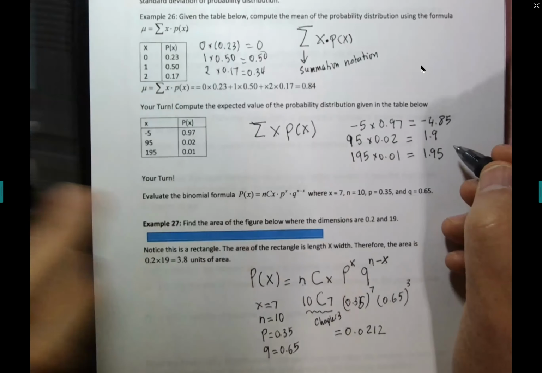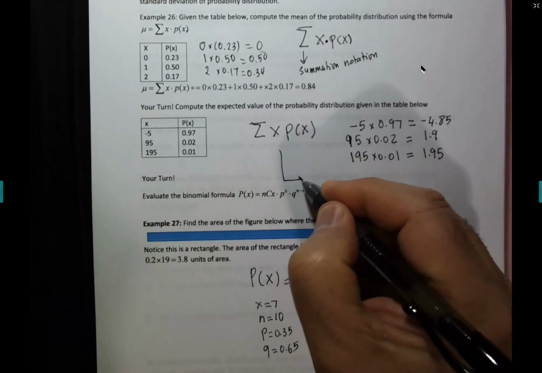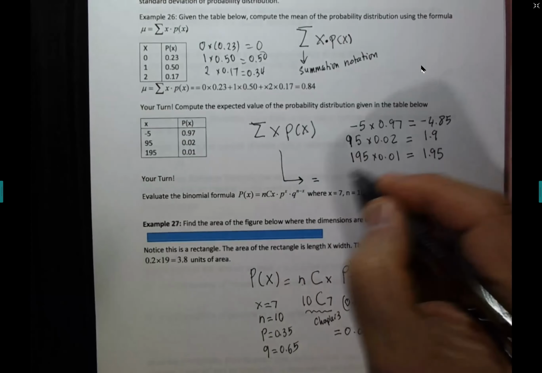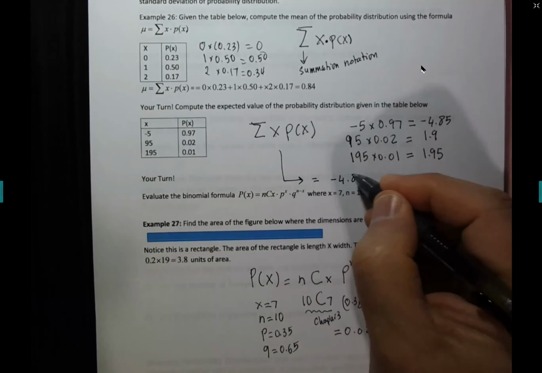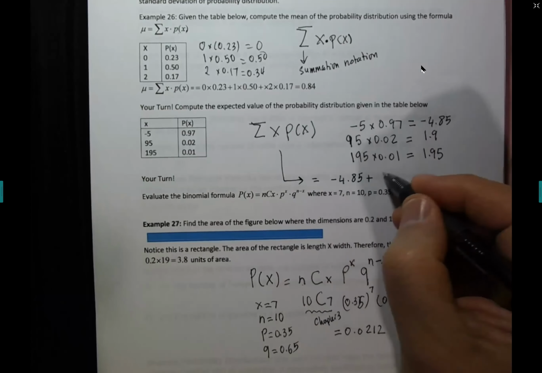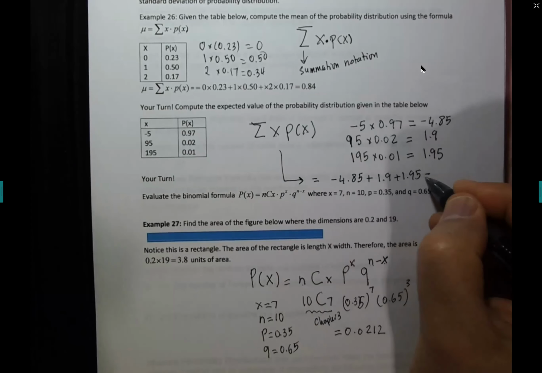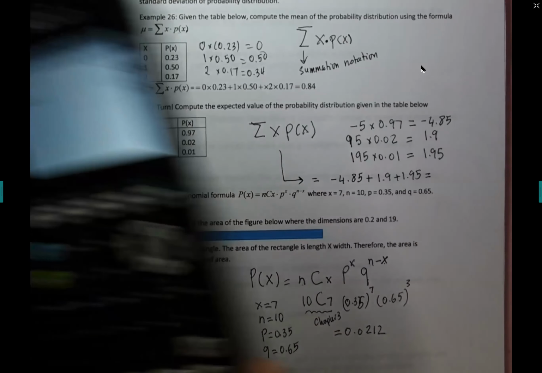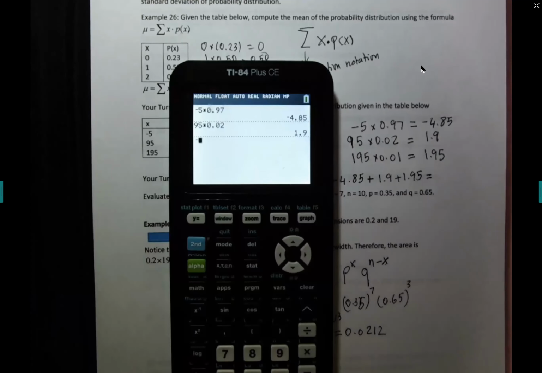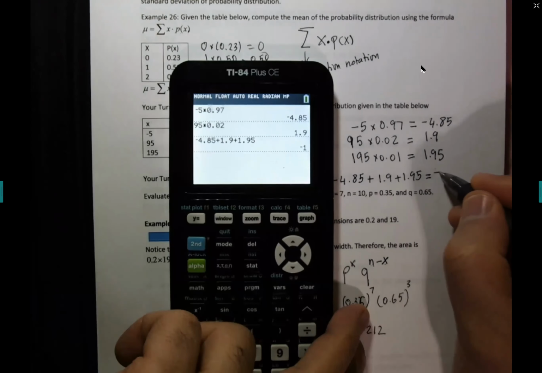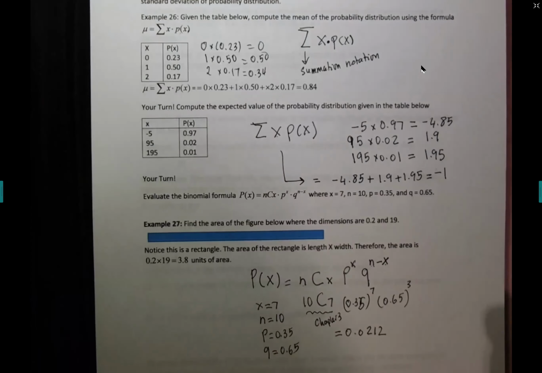And to find the sum of x times p(x), you just add them up. -4.85 plus 1.9 plus 1.95. And that should be, guys, I got -1. That's the answer.